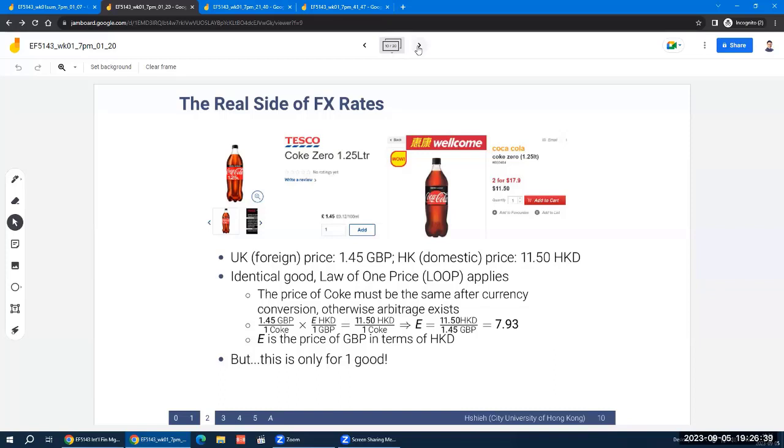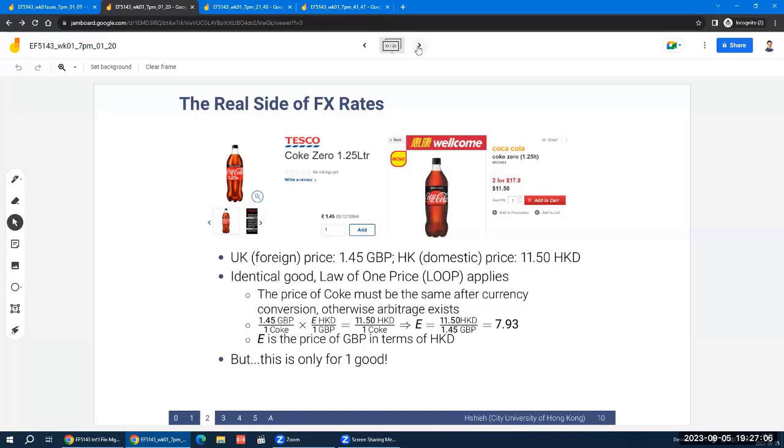If I buy a bottle of Coke in China, it should cost the same as a bottle of Coke in Hong Kong, assuming they taste the same, they're bottled in the same plastic, and so on. Otherwise, I can buy cheap and sell high somewhere else. And if I keep doing this, the price should converge to a single price.